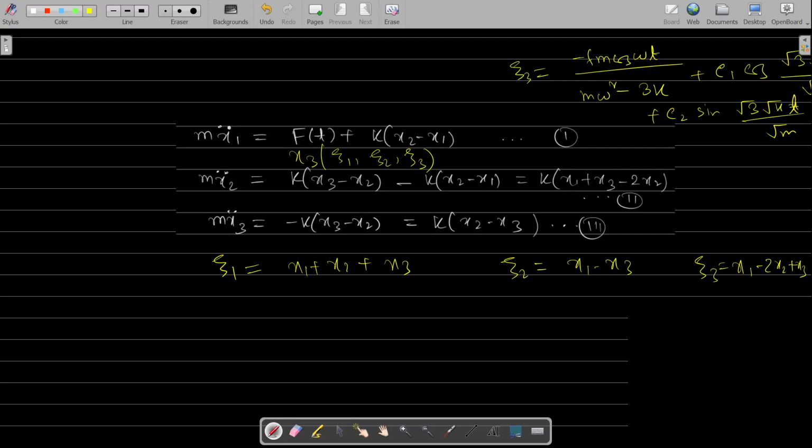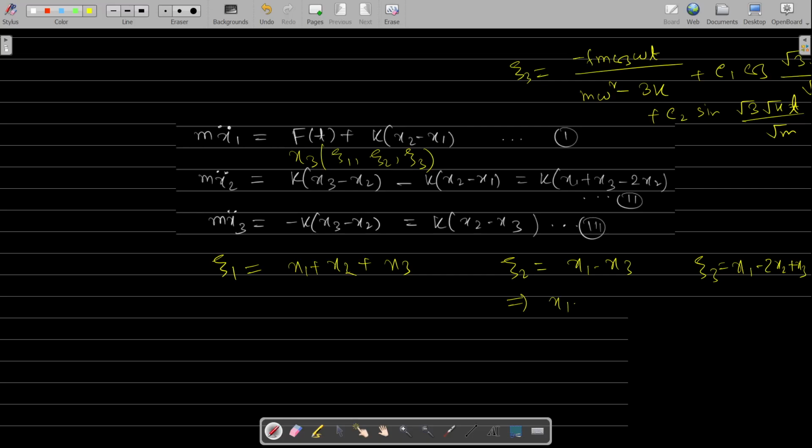You can find the inverse matrix and be done with it, or we can just use any method from our childhood. So let's follow the simple path and try to substitute.